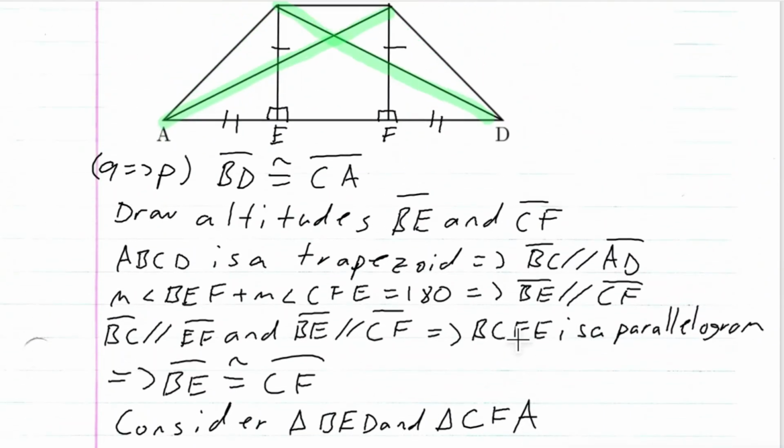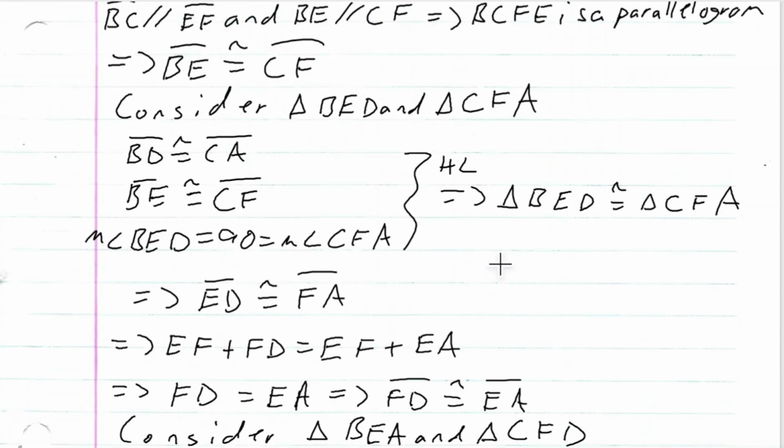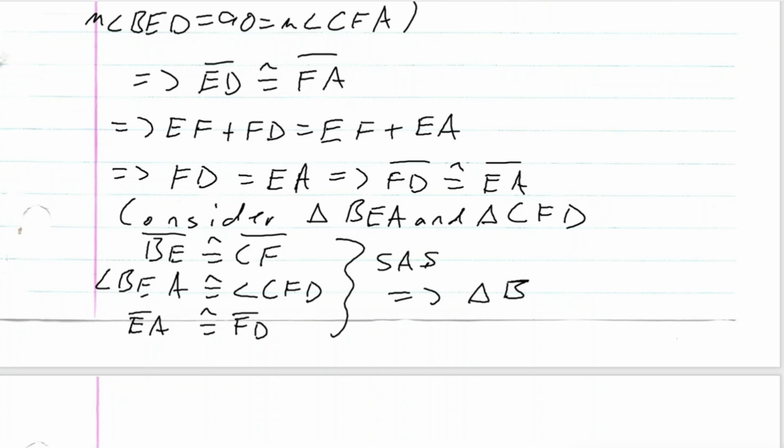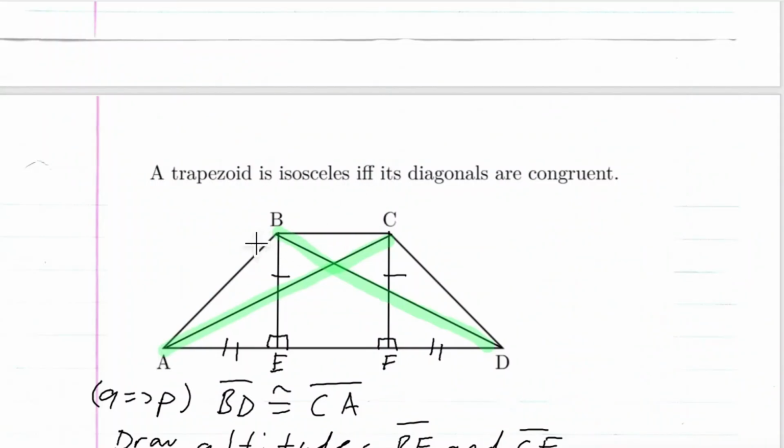And I have AE congruent to FD, or EA congruent to FD. So these three things together imply by side, angle, side that triangle BEA is congruent to triangle CFD. And if these two triangles are congruent, that means AB is congruent to CD.